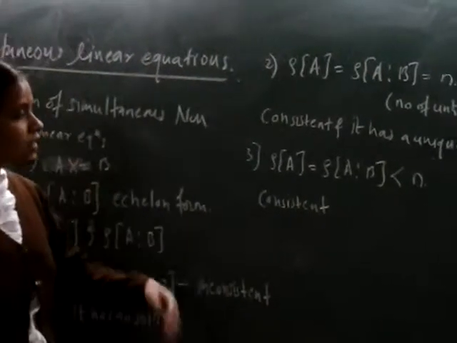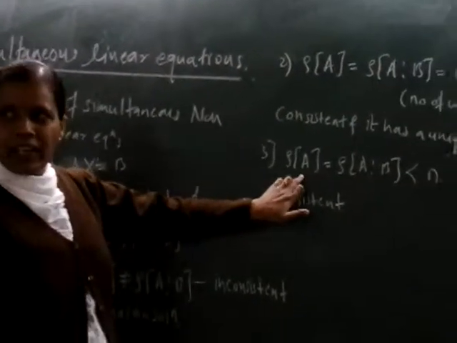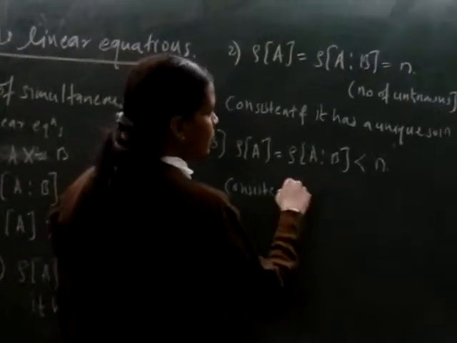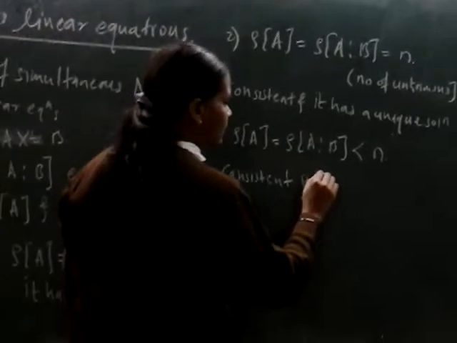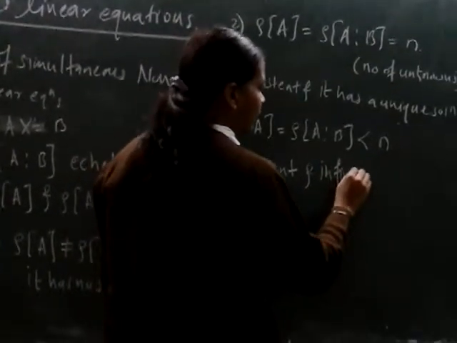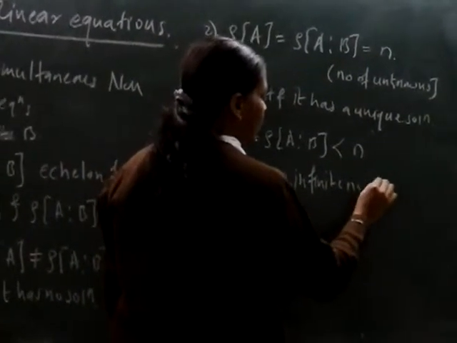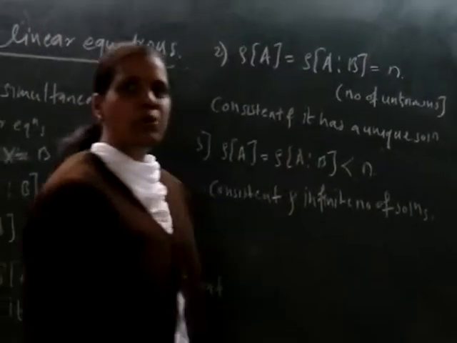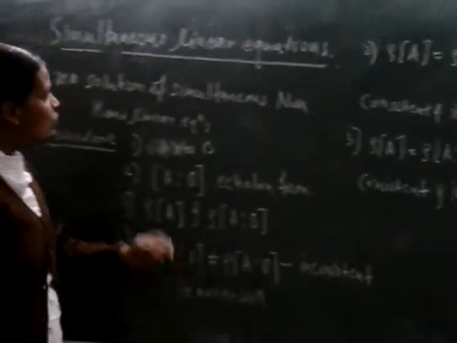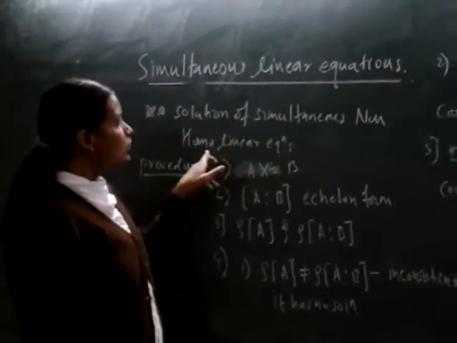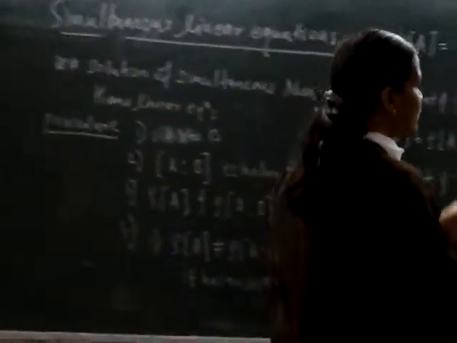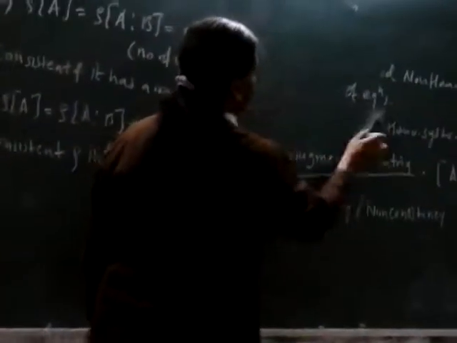Okay, when we say the system is consistent, if rank of A is equal to rank of AB, the system is consistent and it has an infinite number of solutions. So those three conditions you have to remember to find the solution of a non-homogeneous system of equations. Okay. Now for illustration we will take one example.